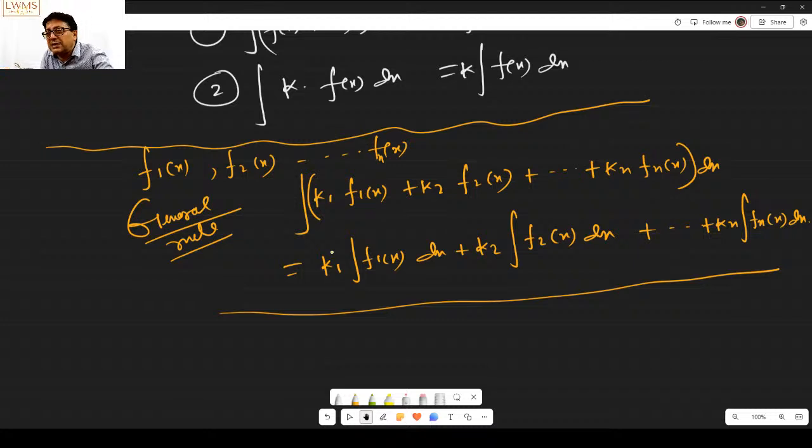And then integrate first plus integrate second. If there is minus sign, there may be minus signs also, you put just minus signs over there. Clear? Understood?